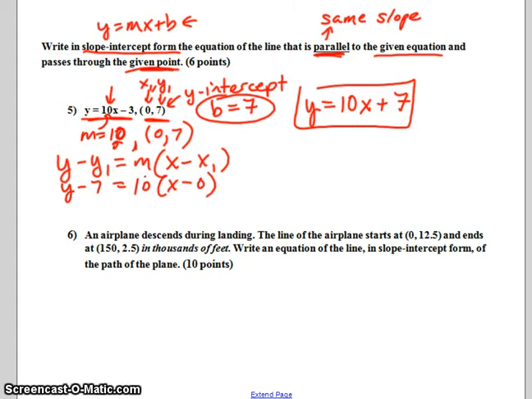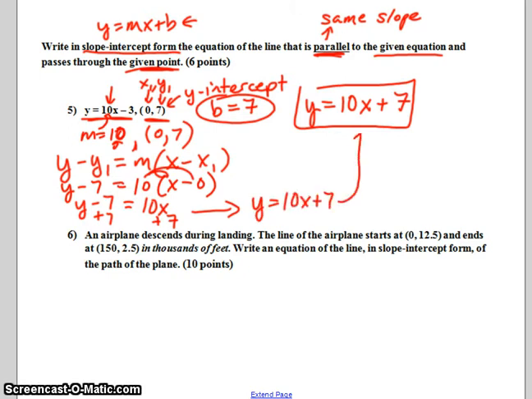Alright, distribute 10 times x, 10 times 0 is 0, so I'm not going to even write it. Y minus 7 equals 10x, add 7 to both sides, and you get y equals 10x plus 7.